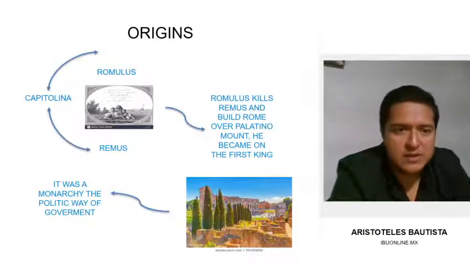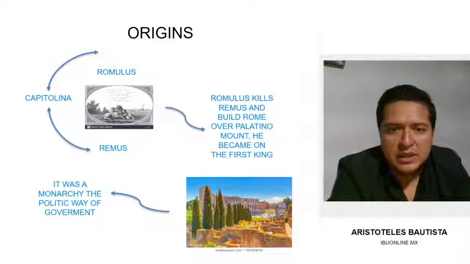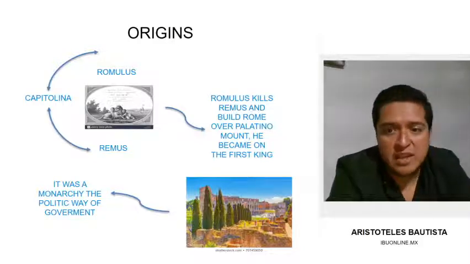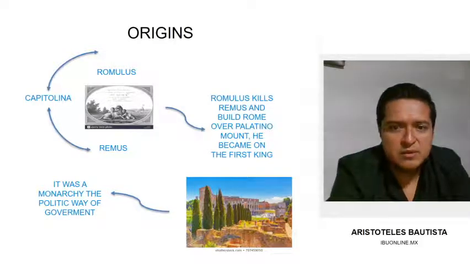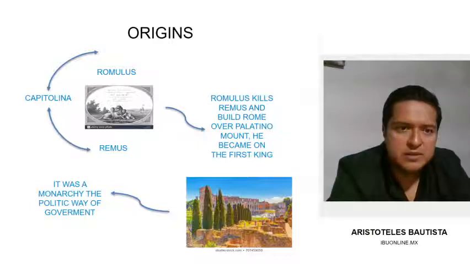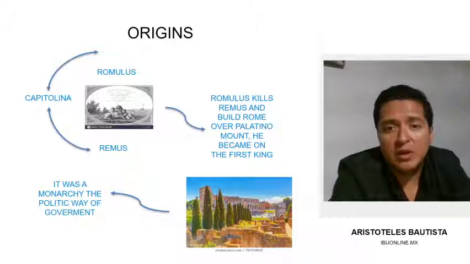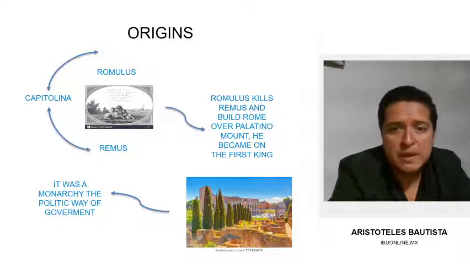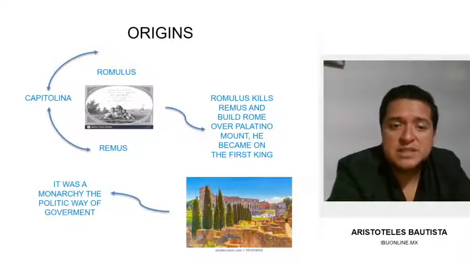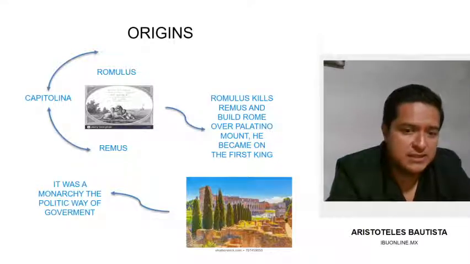So Capitolina was taking care of them. The second important thing that happened there is that Romulus kills Remus and builds Rome over Palatine Hill. He became the first king after that.